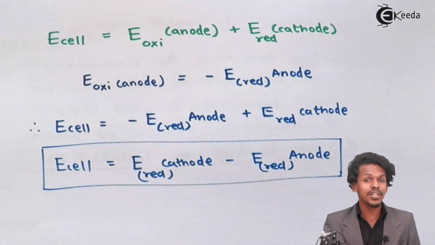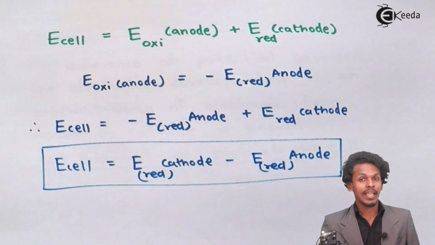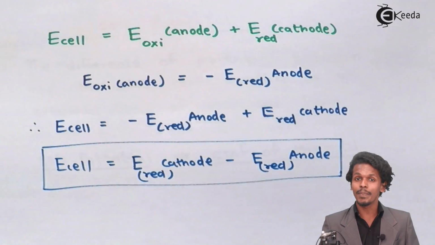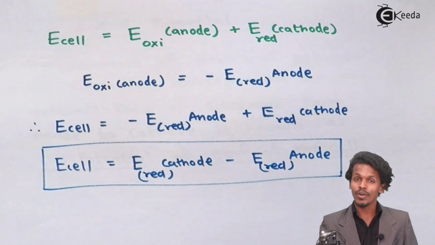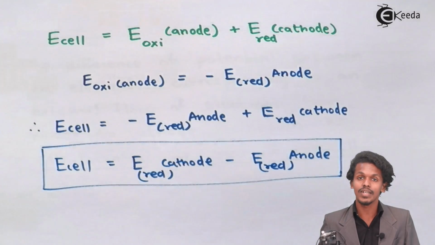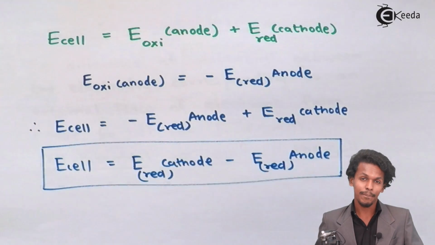And it depends on the nature of the solvent, whether the electrolytes are strong or weak, or which kind of electrolytes are used. Based on this, the EMF also depends on it.